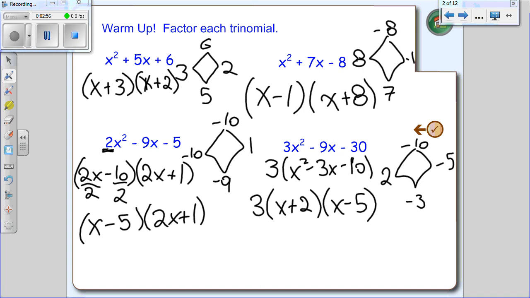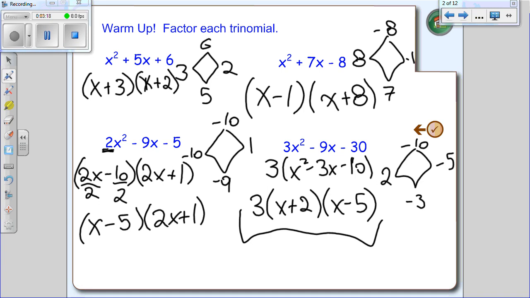It doesn't matter the order. Order doesn't matter. It's multiplication. Nope, that's a great question. That's what I was going to ask. If you're asked what your x-intercepts are, and you get an answer like this, your 3 doesn't affect your x-intercepts.